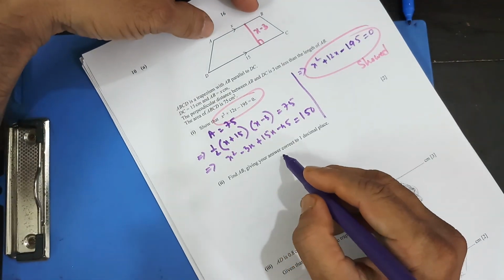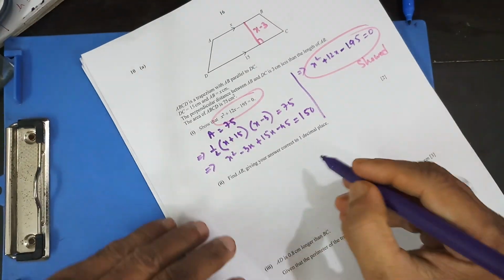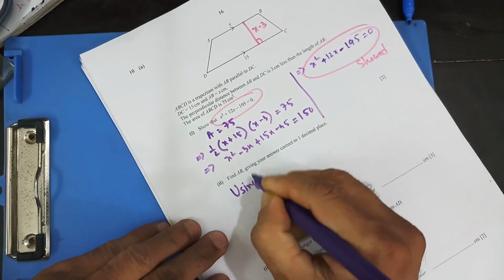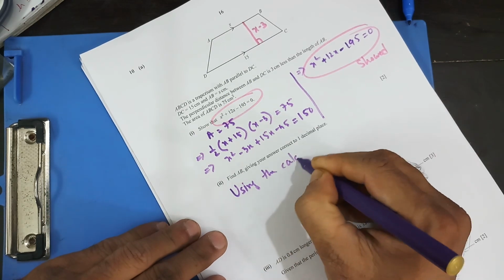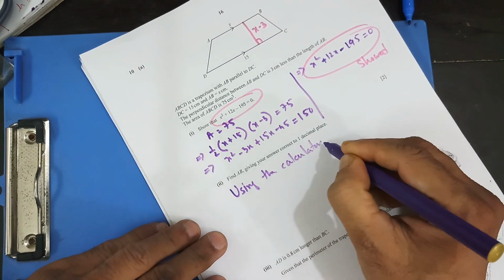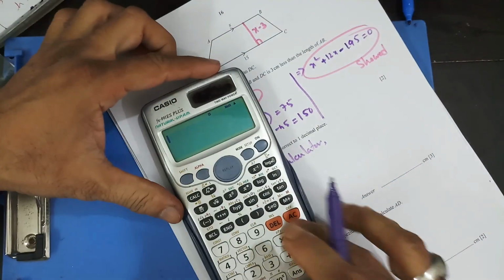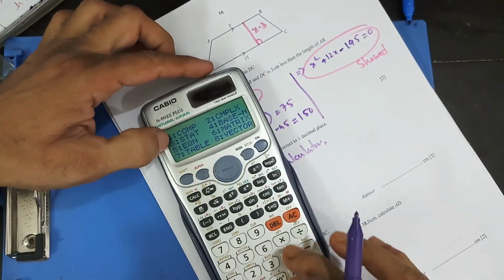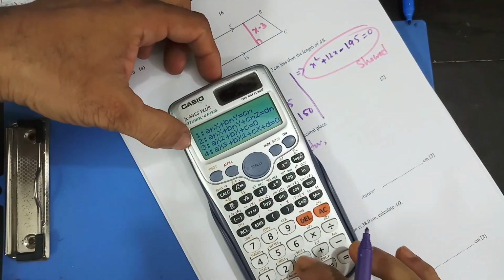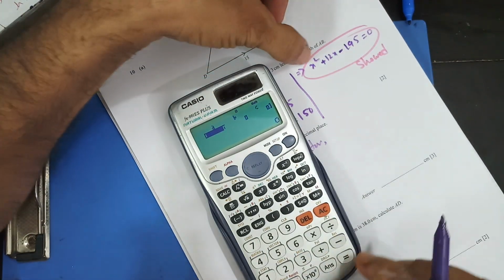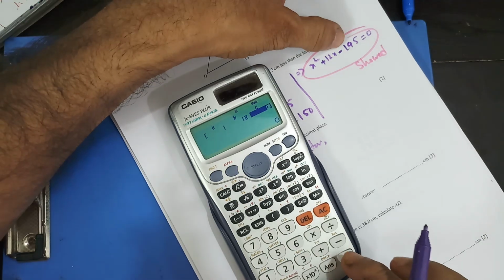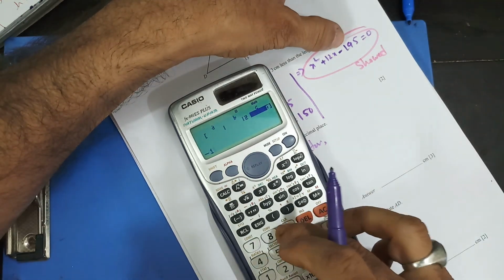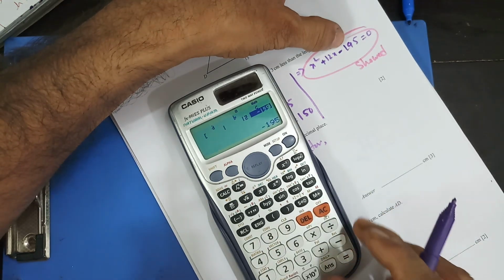Find AB, giving your answer correct to 1 decimal place. So we are using the calculator over here. This is a quadratic equation using the calculator. You don't need to write this down, but I'm just showing you that on my calculator I go to equation mode, then the quadratic. The coefficient of x squared is 1, the coefficient of x is 12, and the constant term, x to the power 0, is minus 195.